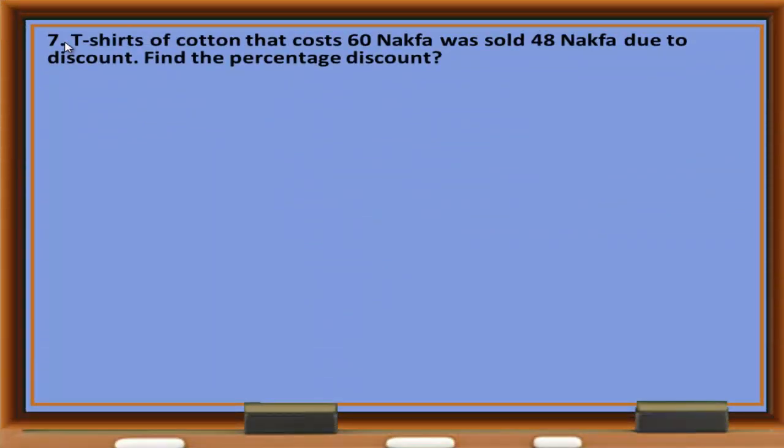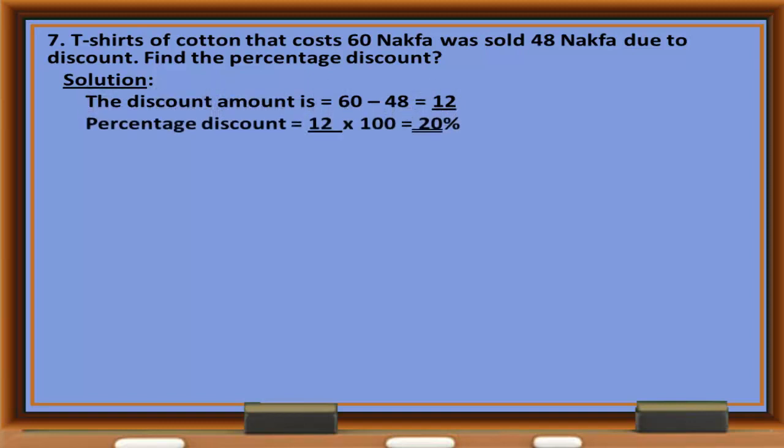Number 7. T-shirts of cotton that cost 60 nafa were sold for 48 nafa due to discount. Find the percentage of the discount. Solution. The discount amount is 60 minus 48, that is 12 nafa.